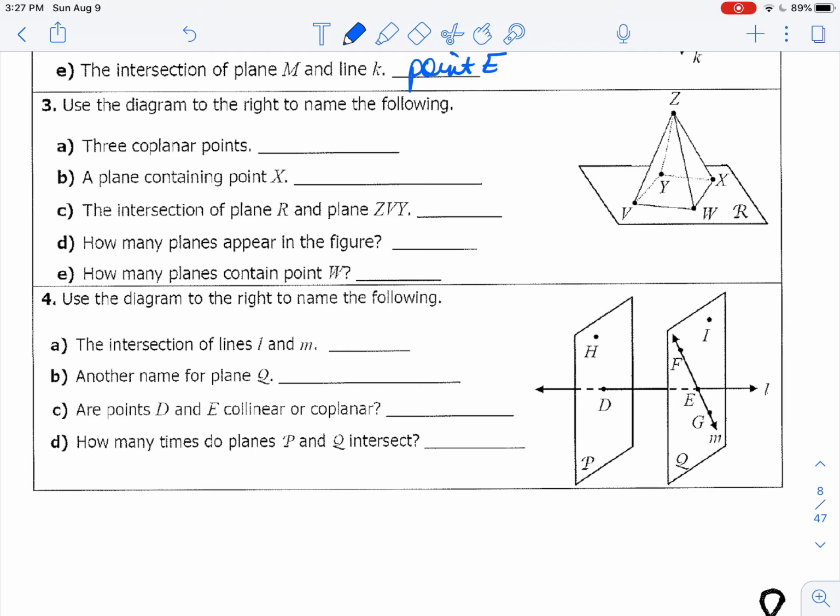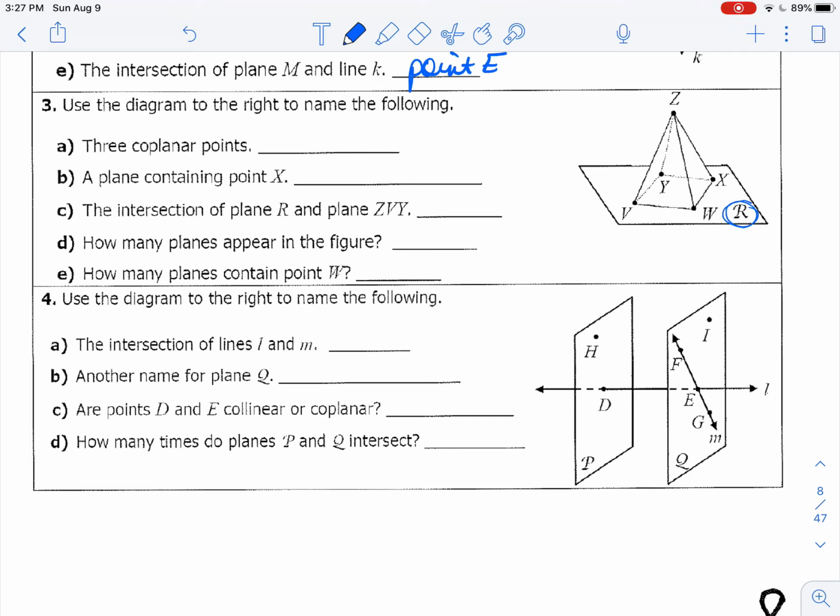Okay, 2 more sections, so pause the video. Okay, let's try answering them. Number 3, it says use the diagram to the right to name the following 3 coplanar points. So we want 3 points that are on the same plane.